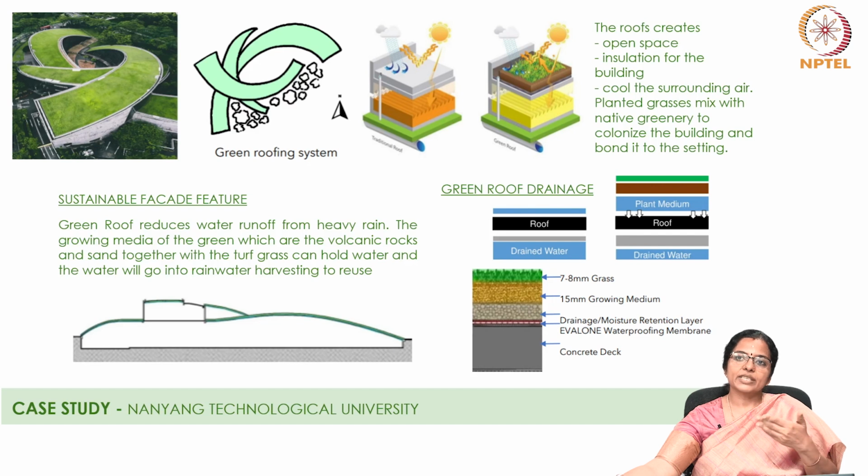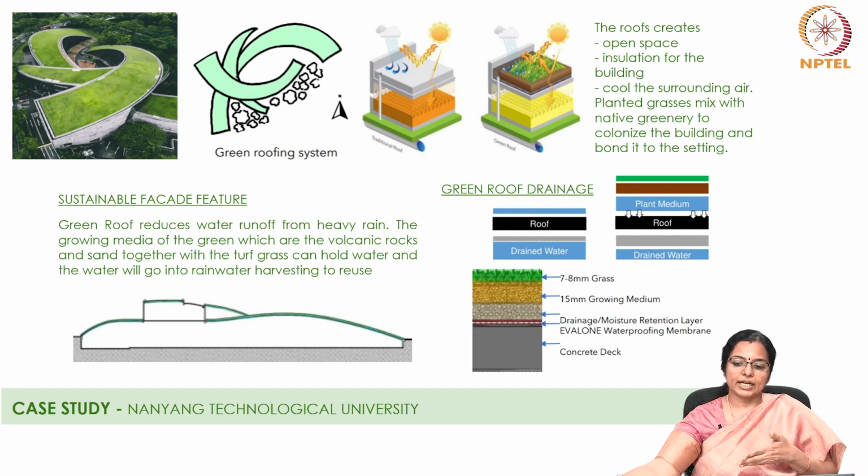The green roof keeps the ambient temperature low and reduces the heat during the daytime. The green roof also reduces water runoff from heavy rain. The growing media of the green roof, which are volcanic rocks and sand, together with the turf grass, can hold water, and the water will go into rainwater harvesting to be reused.